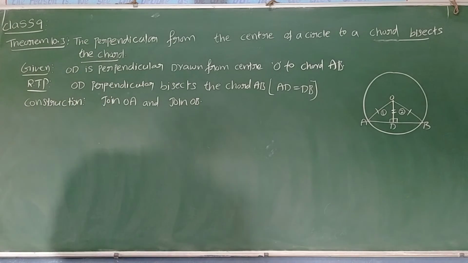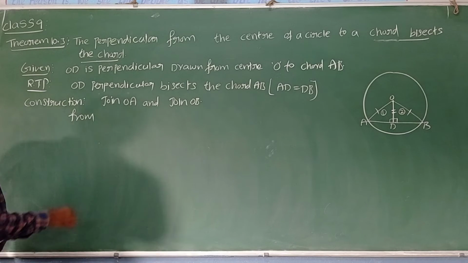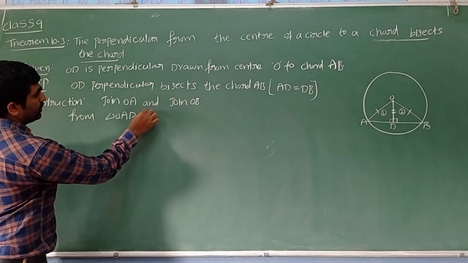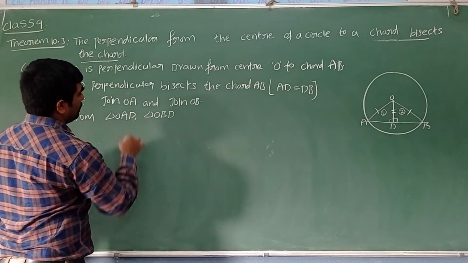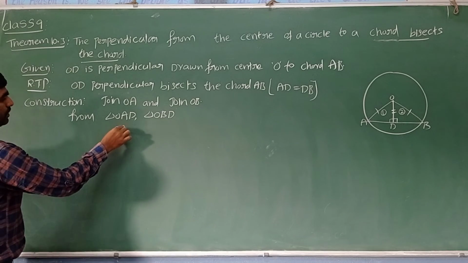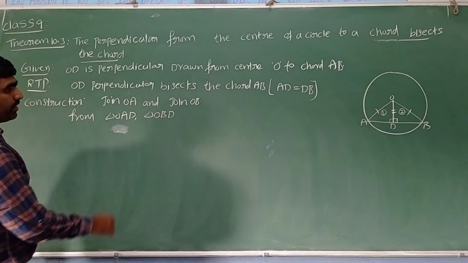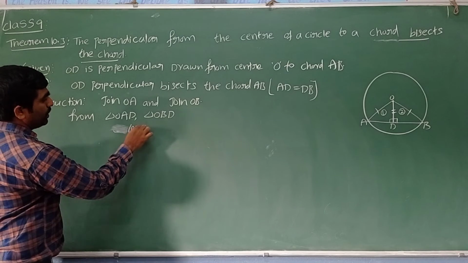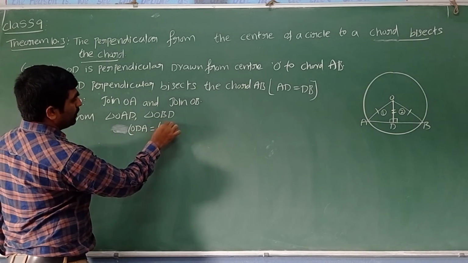Let me write the equal parts first, from triangle OAD and triangle OBD. We'll take first angle ODA is equal to angle ODB.